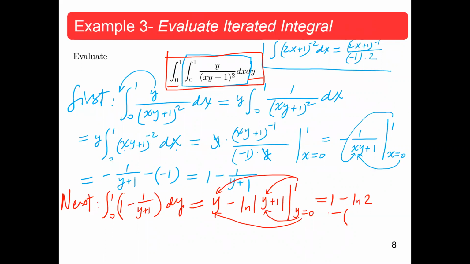When we plug in 0, we have 0 minus natural log of 0 plus 1, which is natural log 1. And don't forget, what's the value of natural log 1? 0. So this is the same as 0. So eventually the answer will just be 1 minus natural log 2.